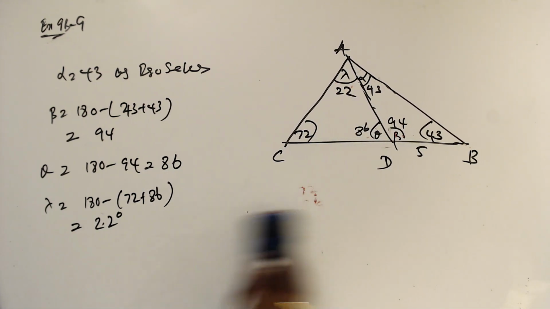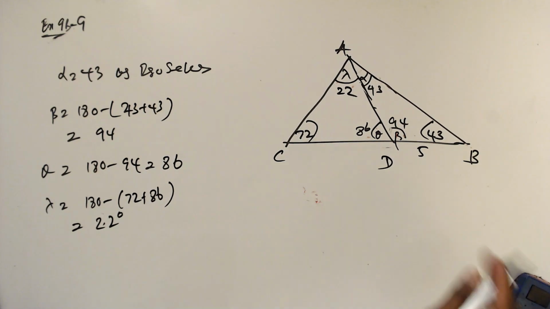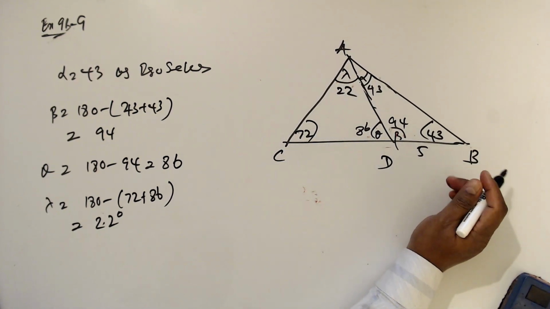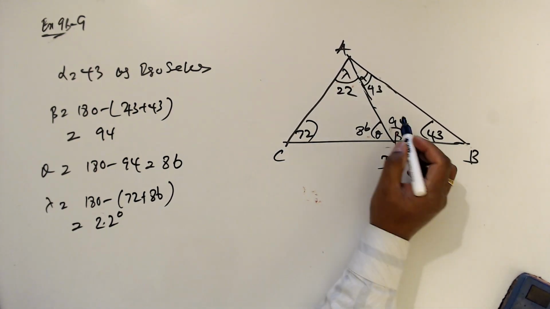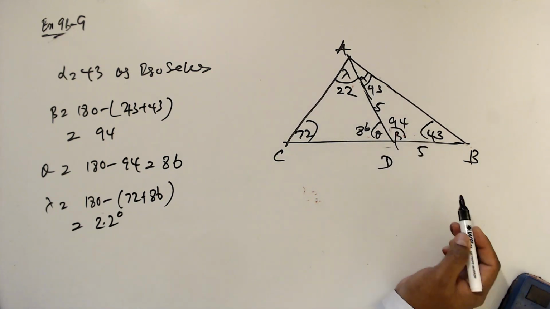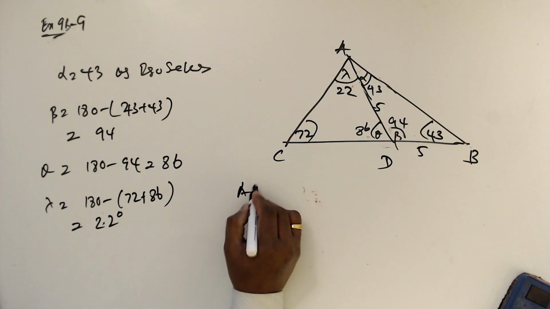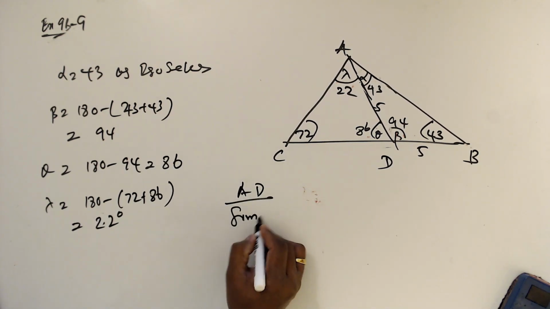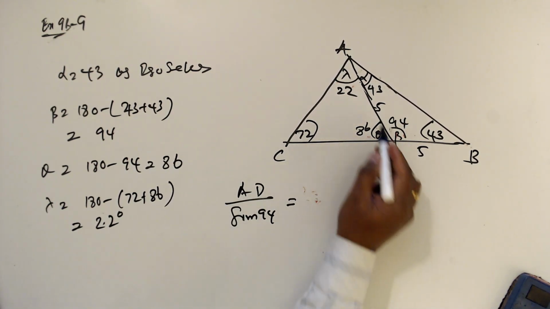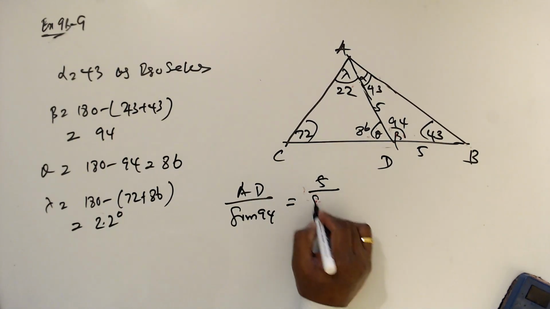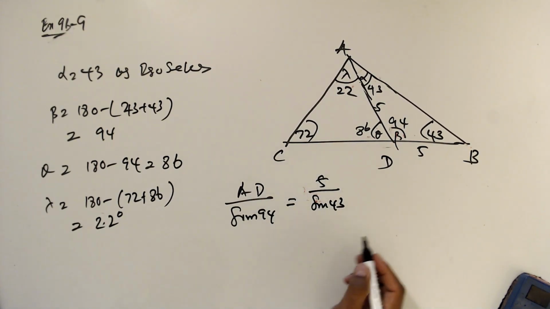So let's start work now. This is 5, and AD over sine 94 equals 5 over sine 43.